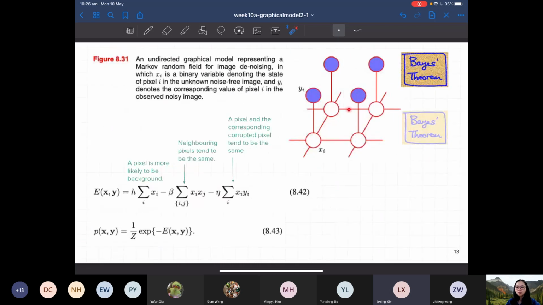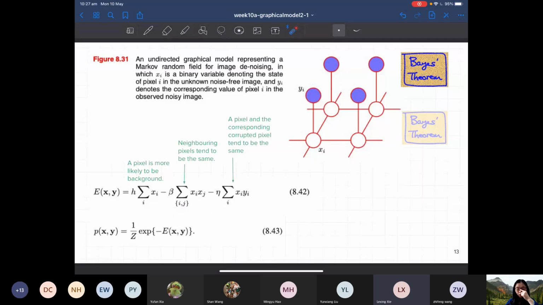And this is a picture of the undirected graphical model representing this image denoising application. For each pixel, the Ys are the observed or noisy pixels, like the picture above, and the Xs are the unobserved. They're unobserved, so we gray out the clean image, but they are supposedly the clean pixels. The problem is, given the Ys, we want to infer the Xs.